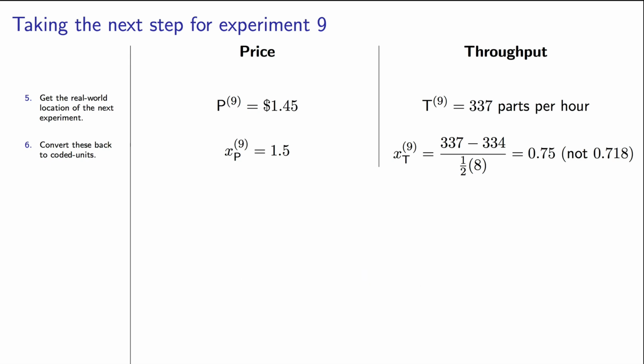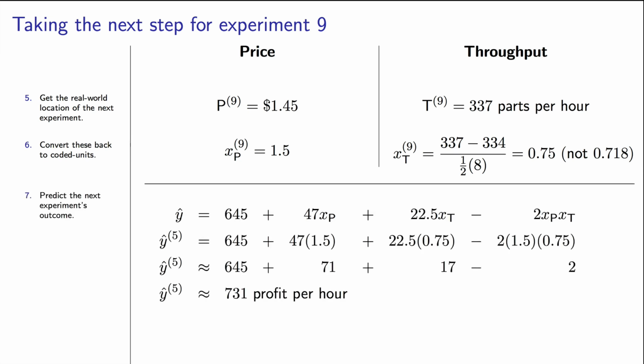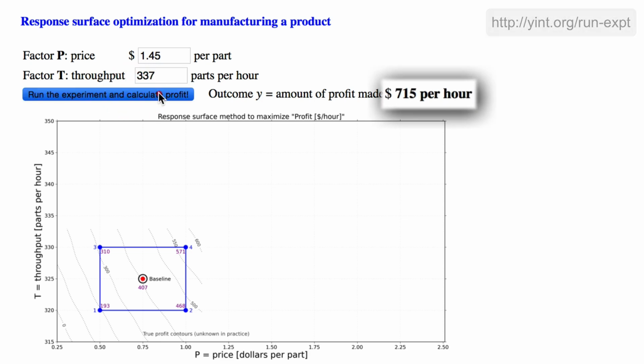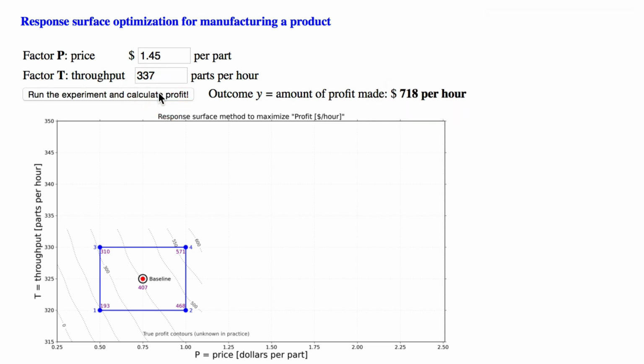So that value of xt is equal to 0.75. When we go use the model, the prediction with these coded values gives us a profit prediction of $731. Now if you go to the website and run the actual experiment, you might get a value close to 717. Our prediction was off by about $13 or $14.